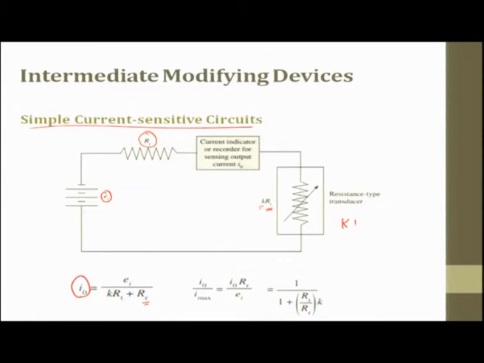So, KRT is the transducer resistance, where K is a factor. RR, R suffix R, represents the remaining resistance of the circuit, and I naught I have already given here.